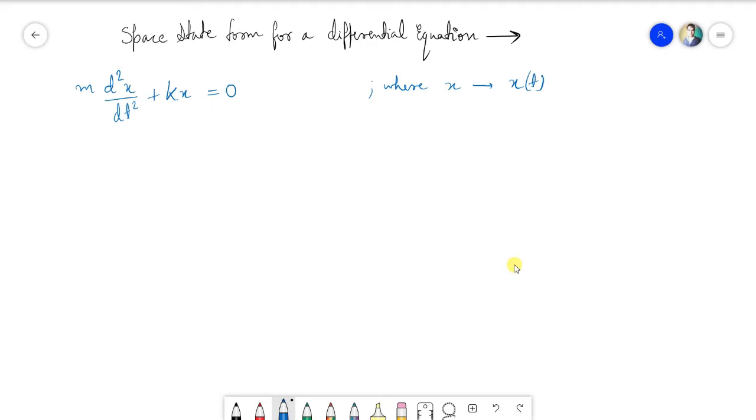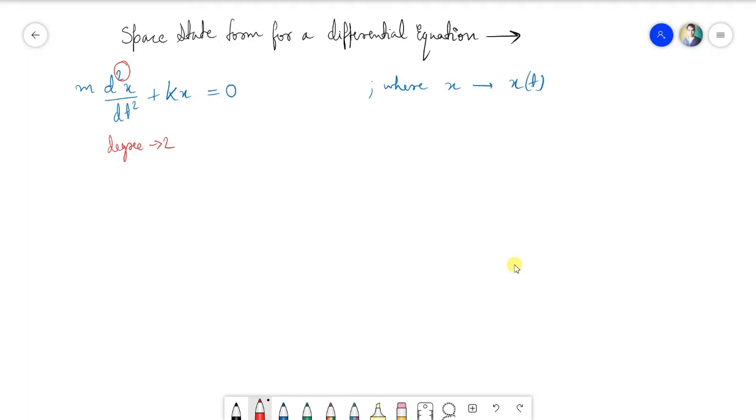So for converting this to the state space equation, first we need to see what is the degree of this equation, that is 2. So degree is 2, that means we have to give two variables here.